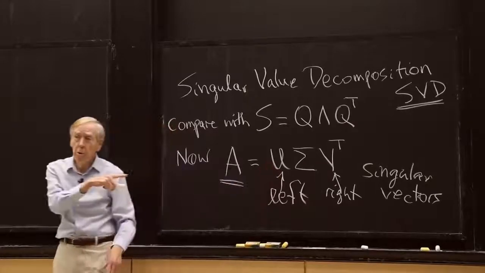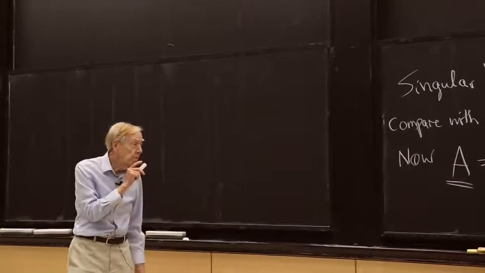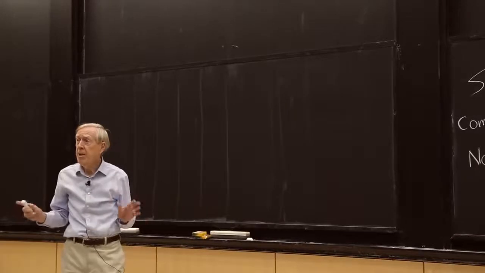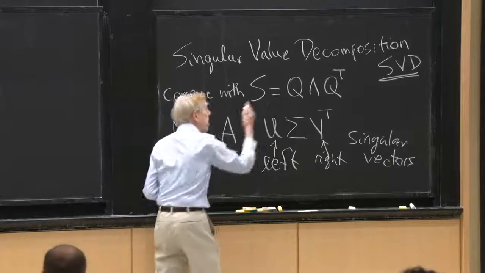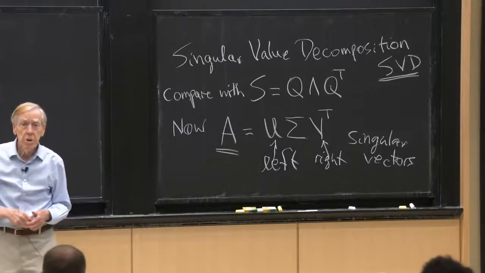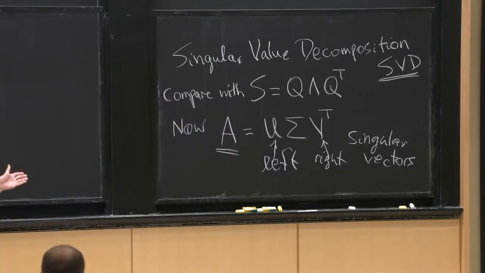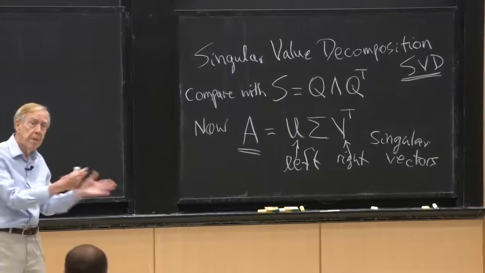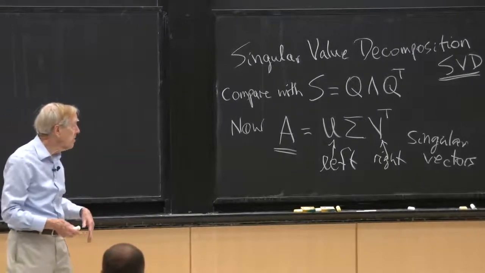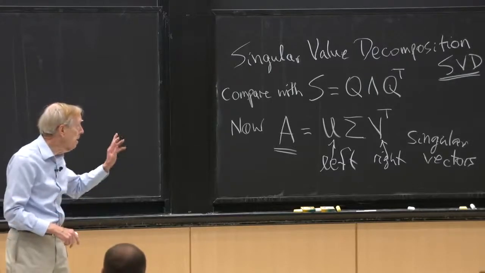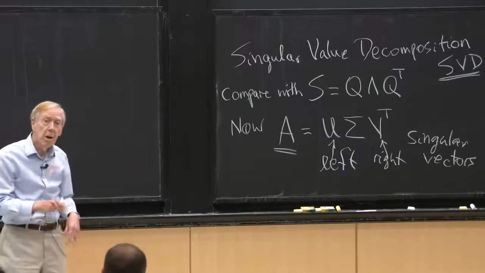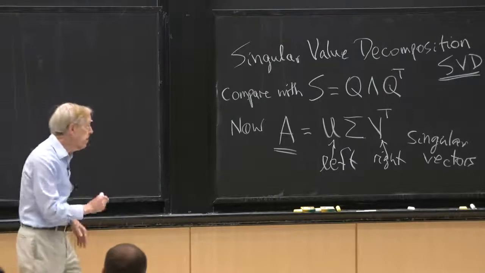So you've got to pick up on this: there are two sets of singular vectors, not one. For eigenvectors, we just had one set, the Q's. Now, for a rectangular matrix, we have one set of left singular vectors in m dimensions, and another set of right singular vectors in n dimensions. And the numbers in between are not eigenvalues, but singular values.